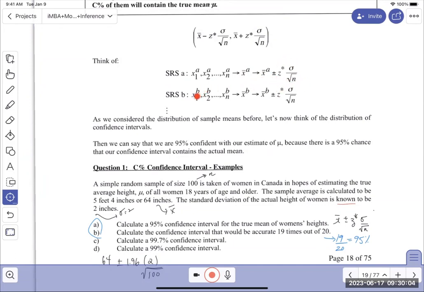Now, if I had another sample, all that changes is the sample mean, it repositions the interval, but the interval width is the same, right? Because if I use the same confidence level, the margin of error is the same each time. So for a Z% confidence interval with that width, it'll have the same width, but it will have a different mean. Doesn't have to, but it could be different, is the point.